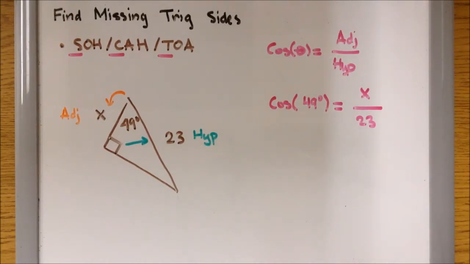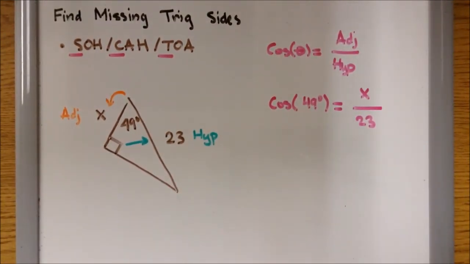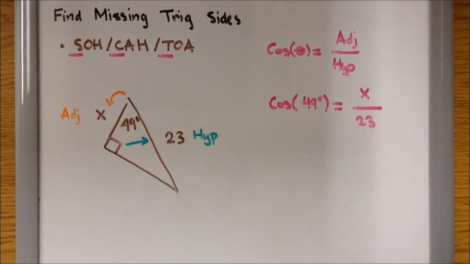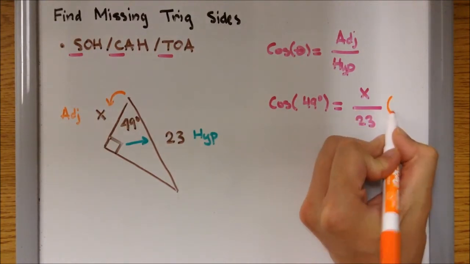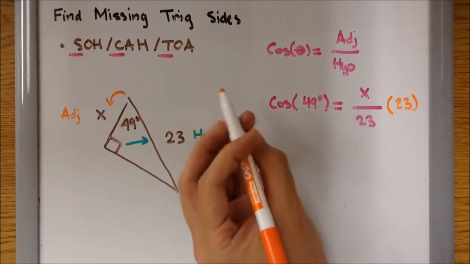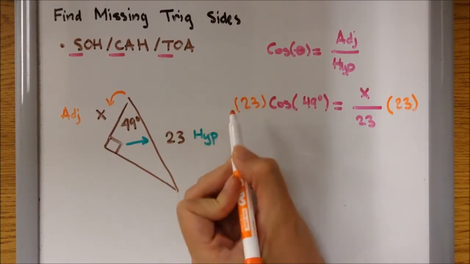Alright, so from there, I want to get x by itself, but it has a 23 in the denominator. So if I want to get rid of it, what's opposite of dividing, because it's a fraction, I'm going to multiply by the denominator. So 23 on the right side, therefore I'm going to multiply by 23 on the left side.